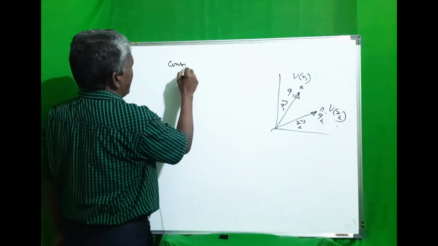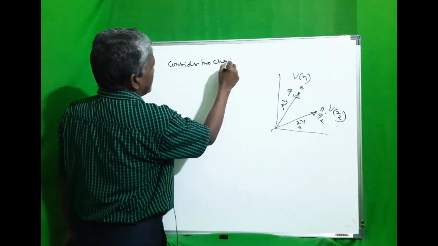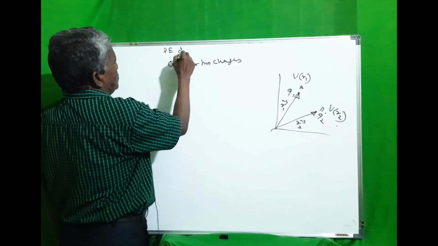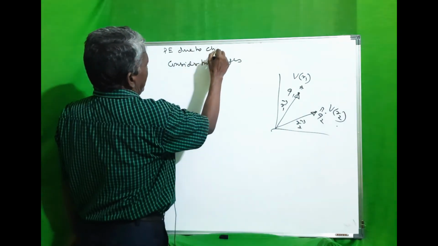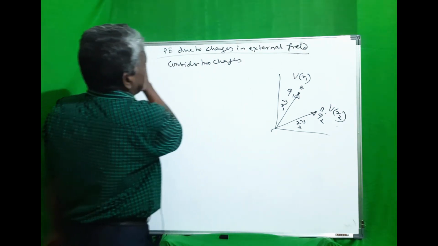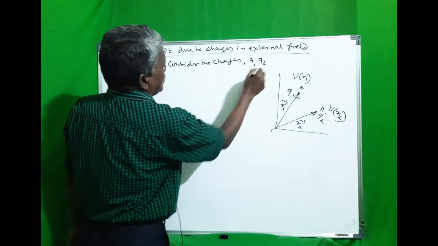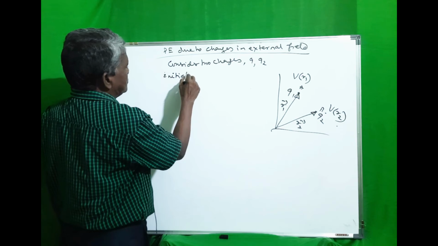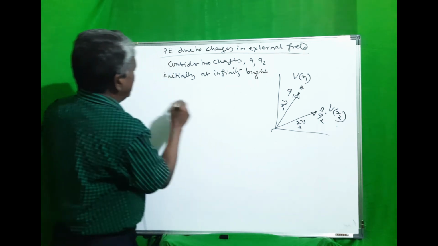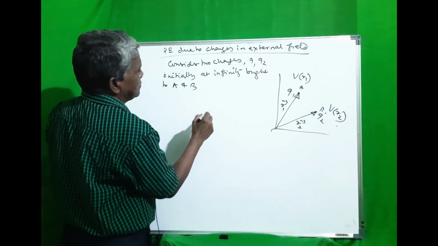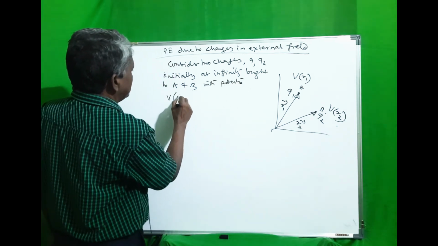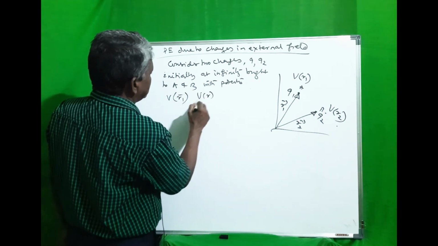Consider two charges Q1 and Q2 in an external field, initially at infinity, brought to A and B with potentials V(r1) and V(r2) respectively.